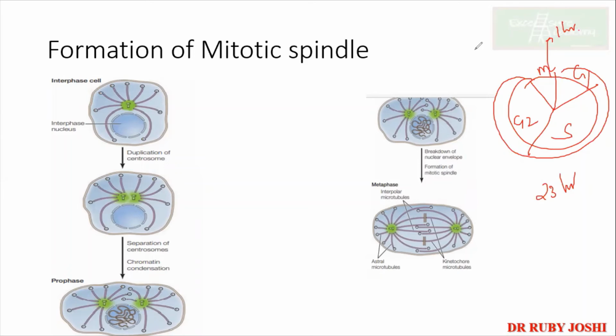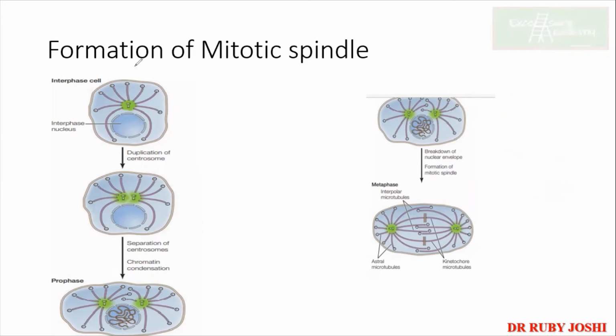Okay, now coming to the formation of the mitotic spindle, everyone knows about it. Once the centrosomes are duplicated, you can see two are coming here and here. Here also please remember, when two are there, they actually separate from each other, and then they become the mother.